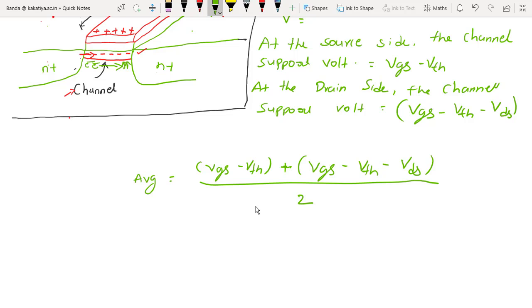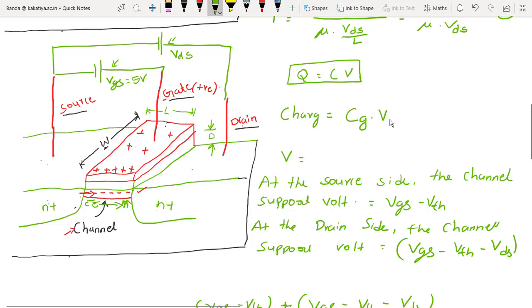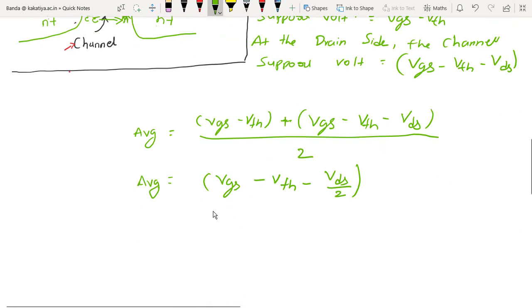If you expand this, this is the average voltage. Okay, so V is over. We have found the V. What is V? VGS minus VTH minus VDS by 2.